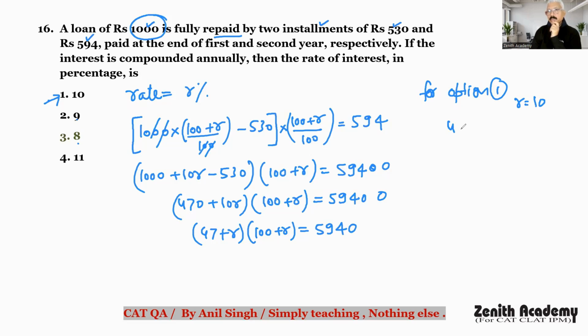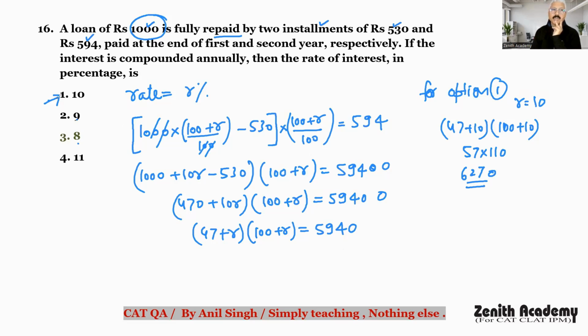So 47 plus 10 is 57 and 100 plus 10 is 110. 57 times 110 is 6270, which is not equal to 5940.